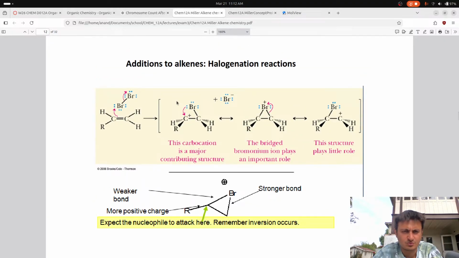Here's the interesting thing, what side? What side?